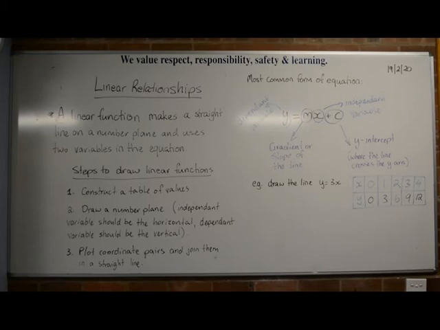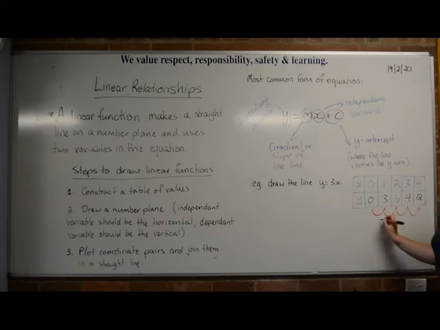Now hopefully you can see a bit of a pattern emerging, because if we look really closely at this table of values, this goes up by how much each time?